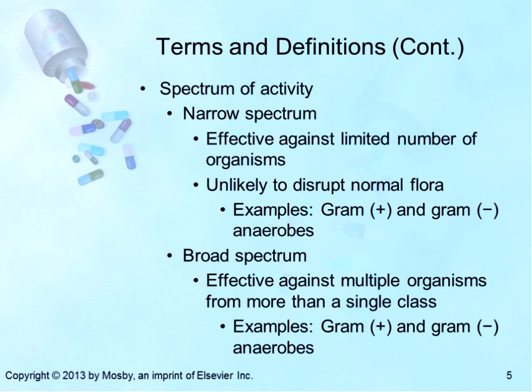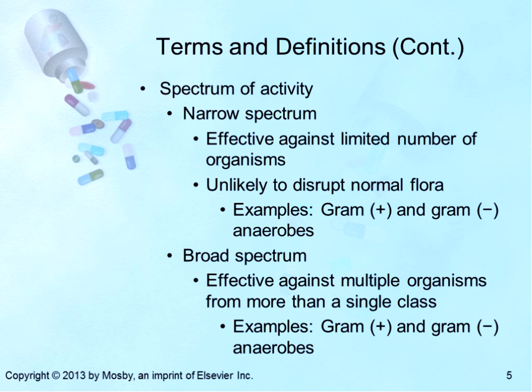We also have to look at spectrum of activity. This refers to the specific organisms or classes of organisms for which an antimicrobial agent is considered to be generally effective. You must keep in mind that this is related to geographic areas, because geographic differences in organism sensitivities depend on various factors, including prior and ongoing antimicrobial exposure.